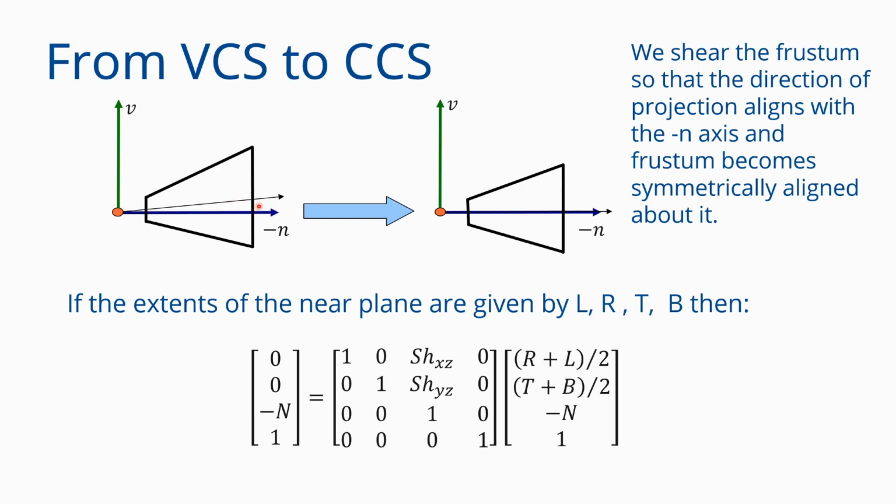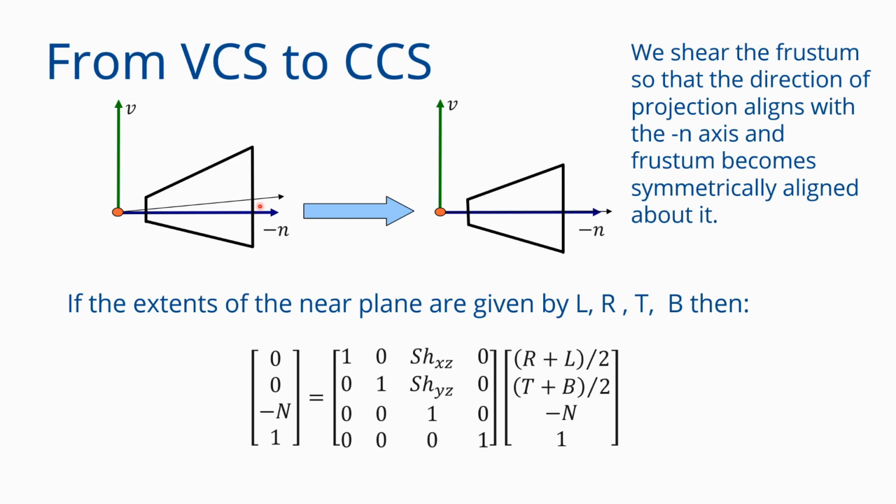It cannot be a rotation, because that will change the angle that the n-axis makes with the near and the far plane, and we do not want that. It cannot be a scaling, because that will not cause this shift either. So the only transformation really left to us from our bag of transformations is potentially a shear.